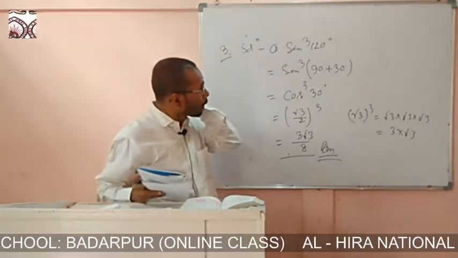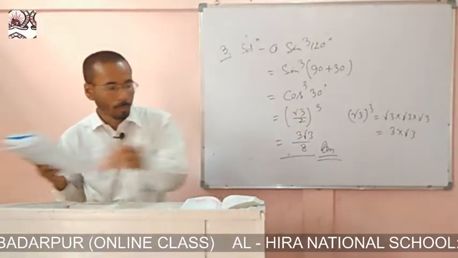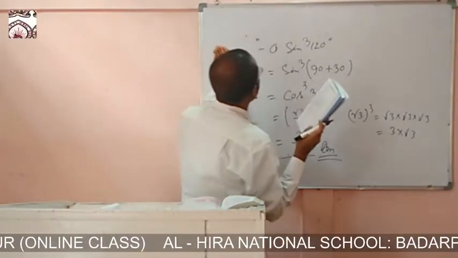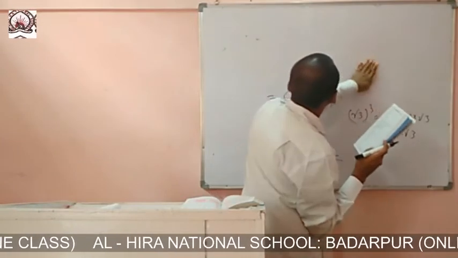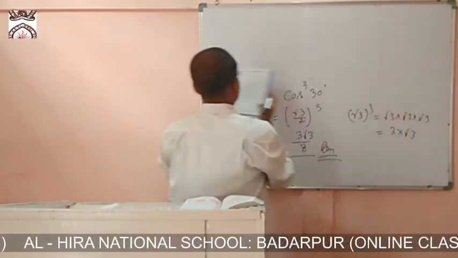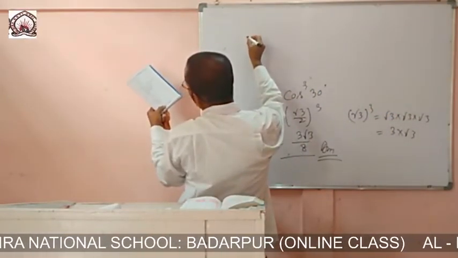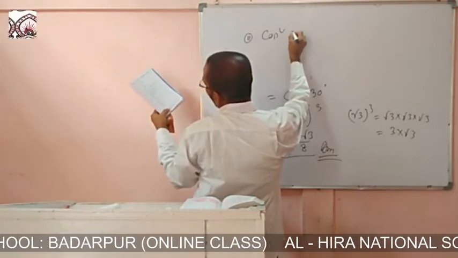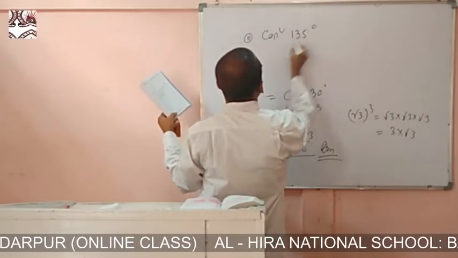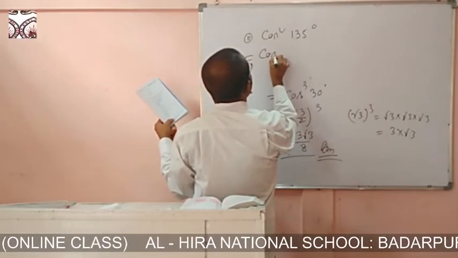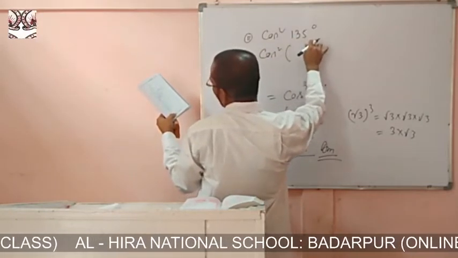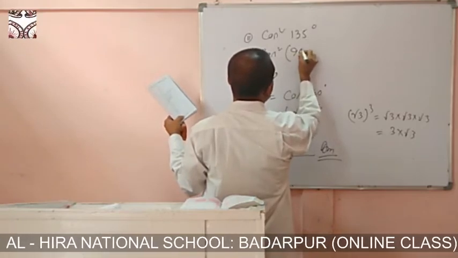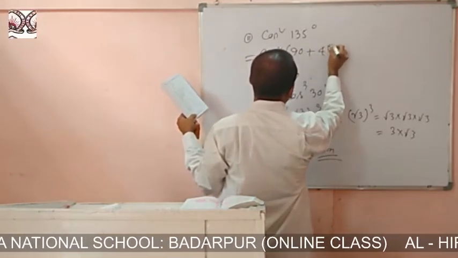Now number 2 is cos square 135 degree. So cos square 135 degree, if we break, then we can write 135 is 90 plus 45.